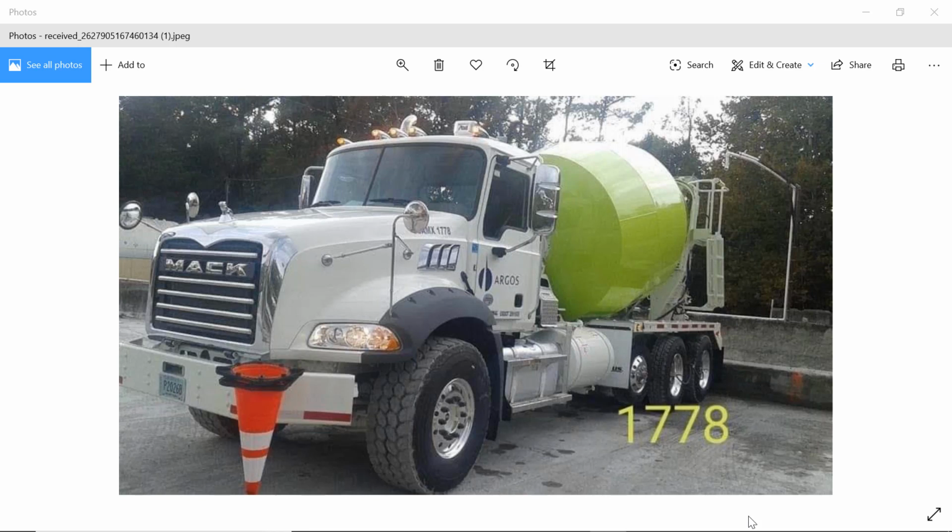The water cementitious material ratio is simply the total weight of all water in a batch divided by the total weight of all cementitious material, cement, fly ash, slag, etc. in the batch. Water cementitious material ratio, W divided by Cm, is equal to the weight of all the water in the batch divided by the weight of all the cementitious material in the batch.